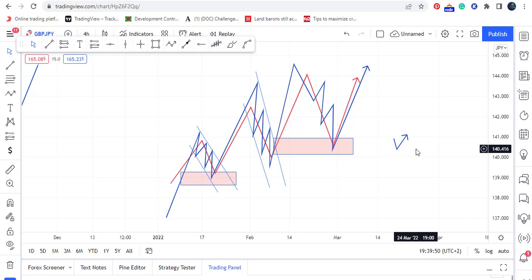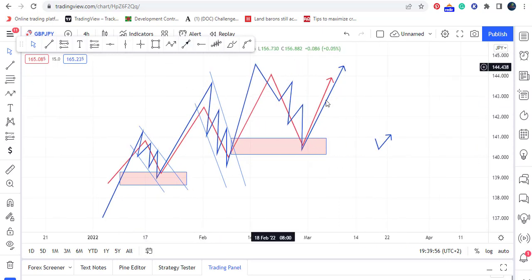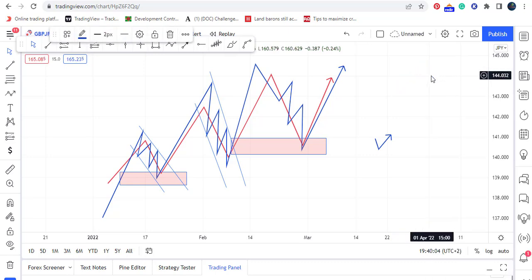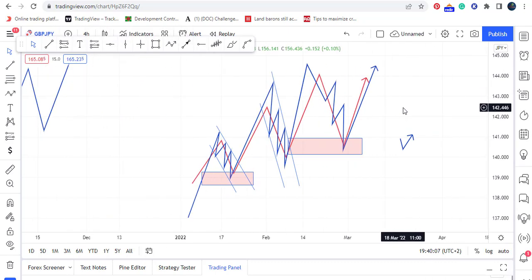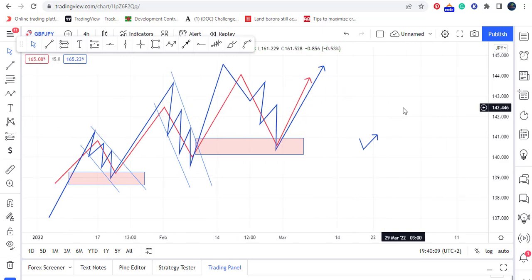I don't know what preposition to use there, but you understand what I'm trying to get across to you. So we have to see a V or an A at the order block. That is what I call a confirmation. So what do I use for this sign? I use the star pattern, the evening star formation, and the morning star formation when I trade myself. That's what I use to confirm that it has really turned.